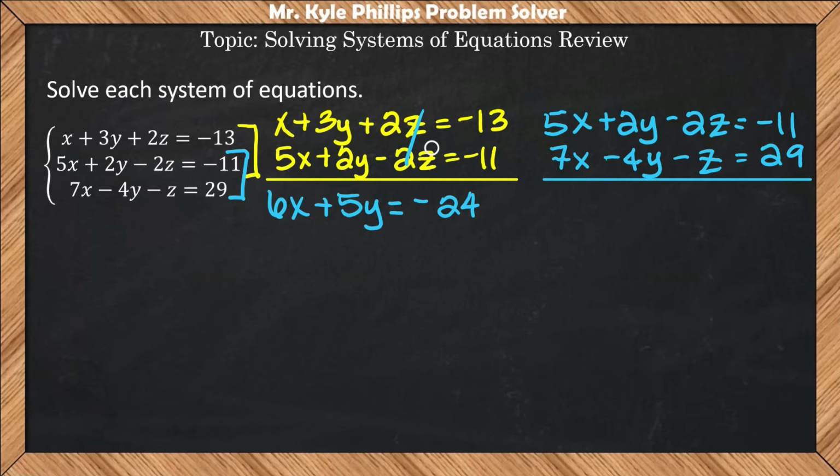So since we eliminated the z's in the first pair in our top two equations, we have to eliminate z in our bottom, so when we paired the middle and the bottom equation.